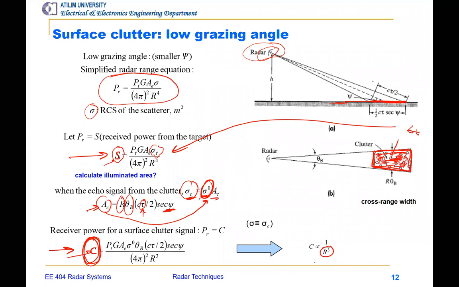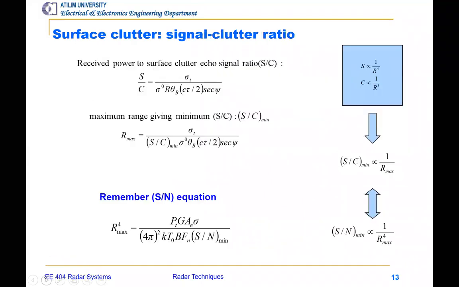It was R to the power 4 in the signal, as you see, for the target, the signal power was inversely proportional to R to the power 4. Now the clutter power is inversely proportional to R to the power 3. Okay, so that's a very important point. The next slide we'll be discussing that.